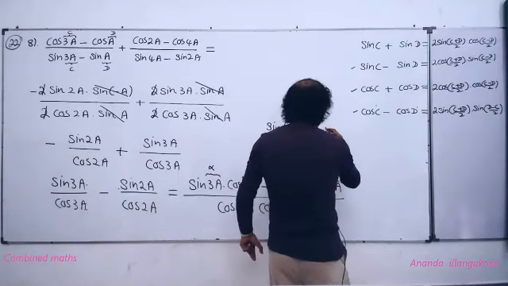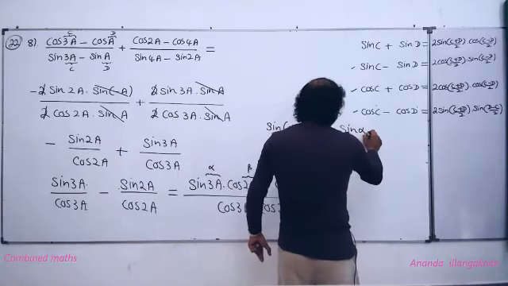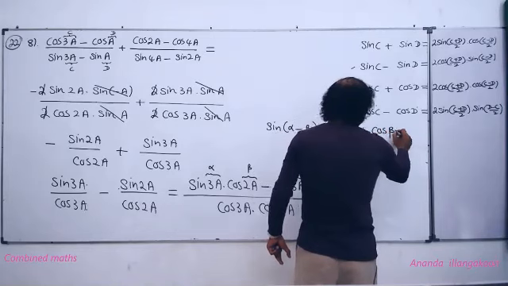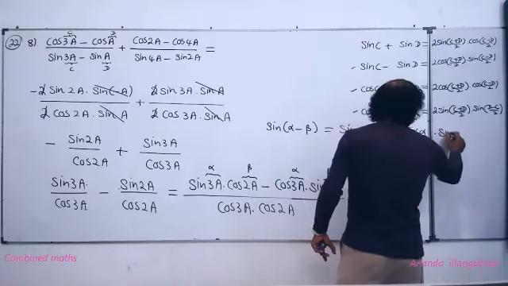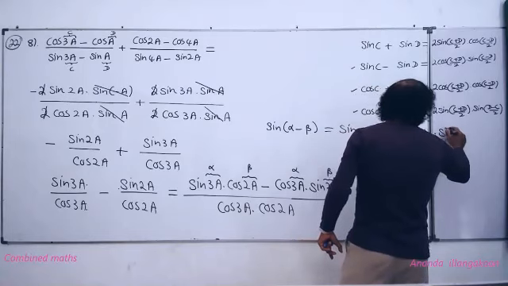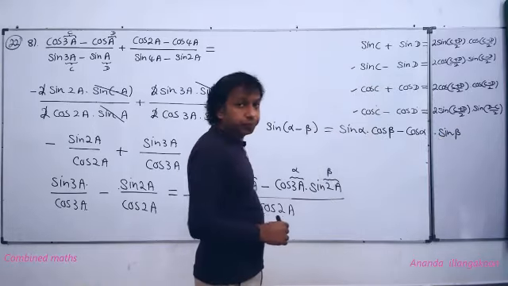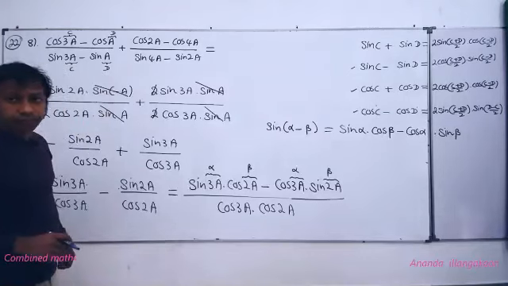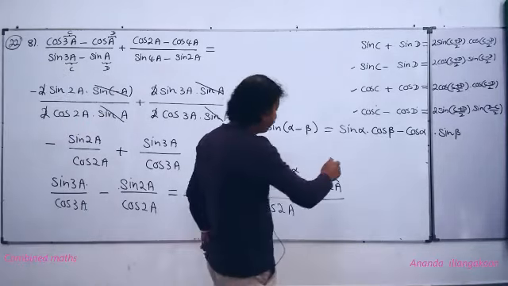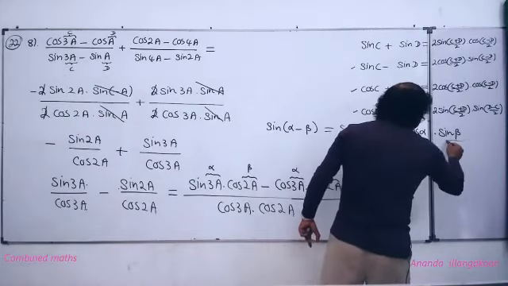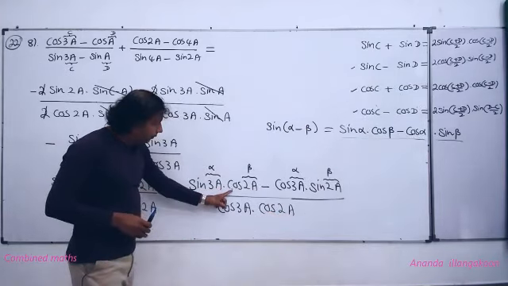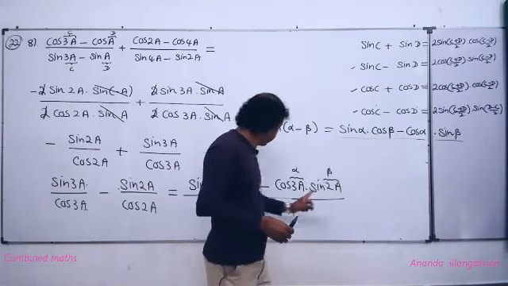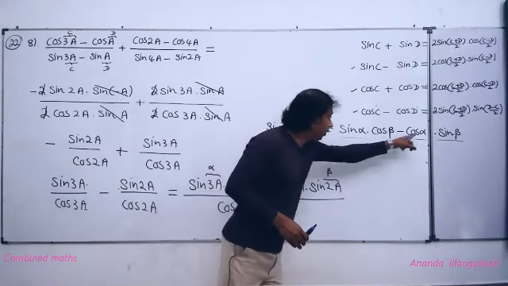It is nothing but sin alpha cos beta minus cos alpha sin beta. This is what we get. People, the same thing only we have here, no? Sin alpha cos beta here, minus cos alpha sin beta here.